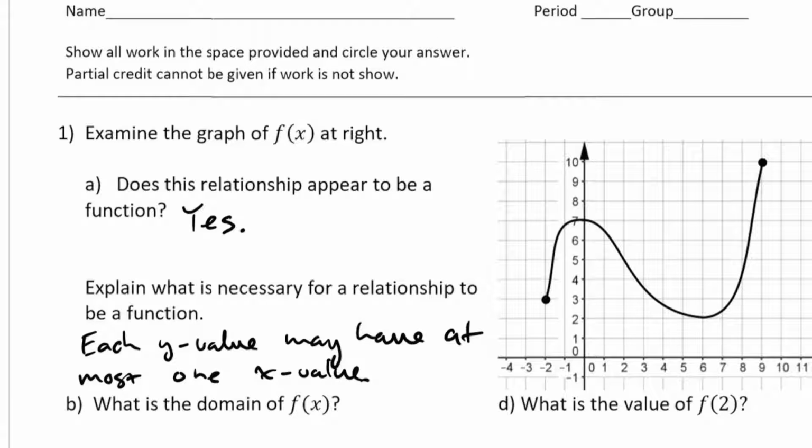Sometimes there's things that aren't in the domain, but, I got that backwards, each x value in my domain may have at most one y value. How did I do that so early on that I would have gotten those backwards? Normally if I'm tired, I could understand it, but I'm not tired yet.